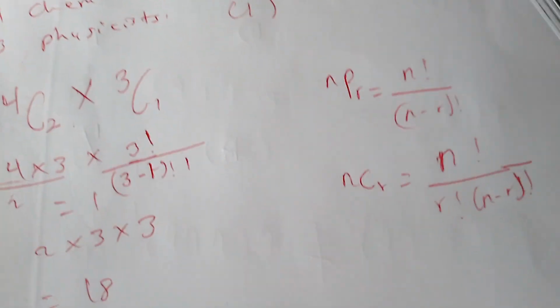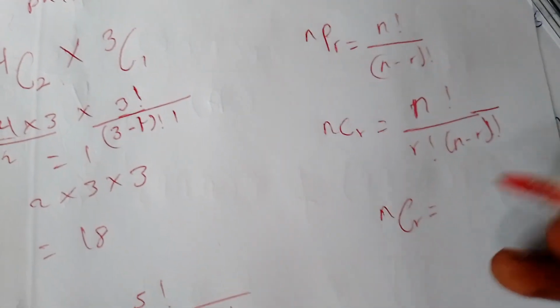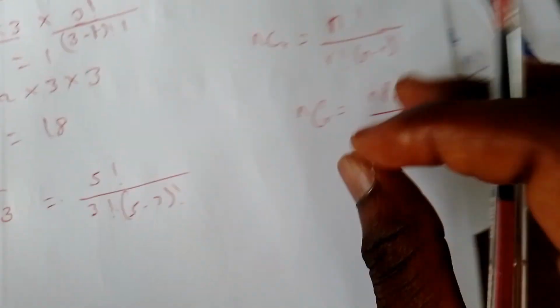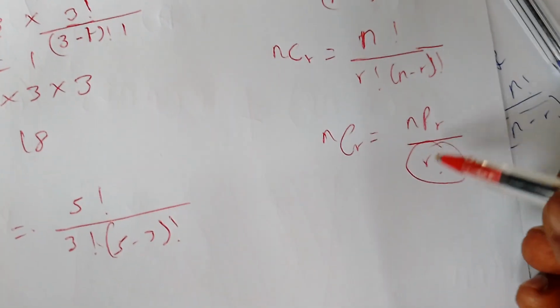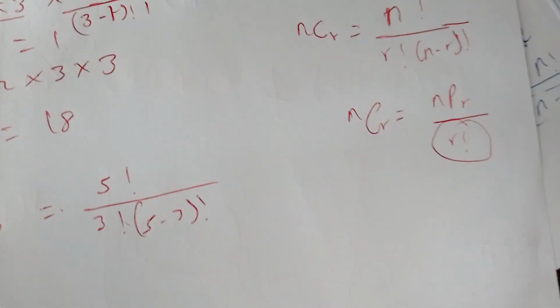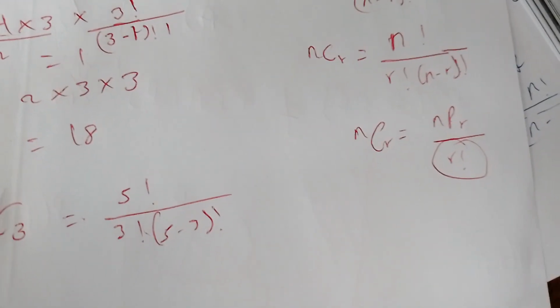So n combination r is the same thing as n permutation r over r factorial. So you find that they are really related. The r determines whether order matters or not.